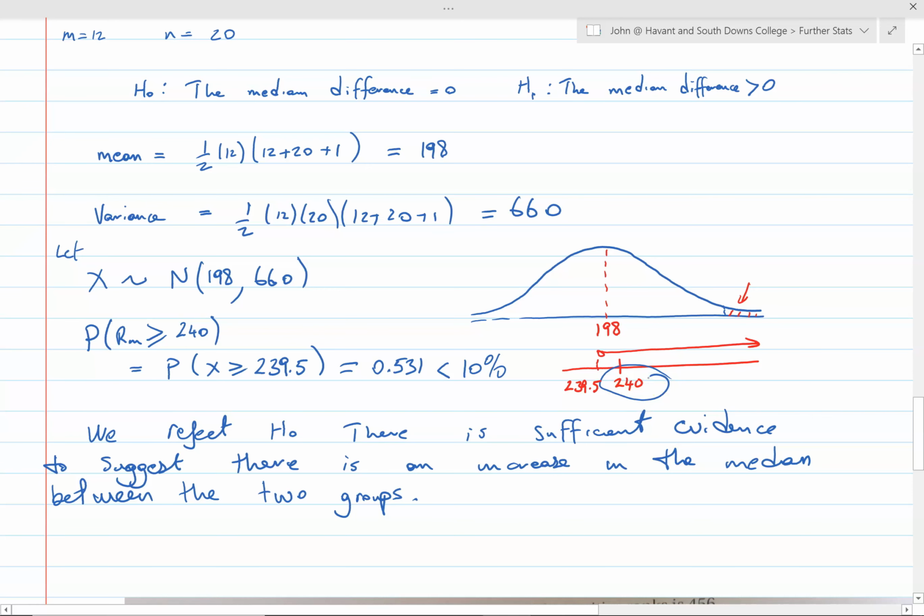If we worked out the quantity 12 times 20 plus 12 plus 1, minus 240, we get the number 156, which would just be the other end of the tail. So we don't need to work out that quantity for the normal distribution. But we'll talk a little bit more about those kinds of little issues in the final video, in particular how the actual critical values come about.